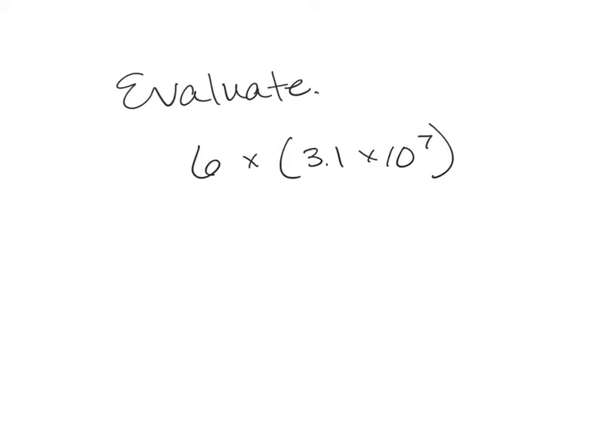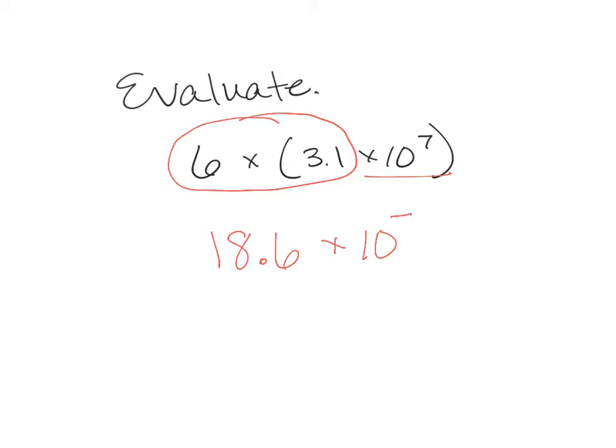Again, 6 times 3.1 times 10 to the power of 7. We're going to start with this multiplication, 6 times 3.1, which gives us 18.6. We just add our power of 10 on the end. We're not done though, because this number is not between 1 and 10.